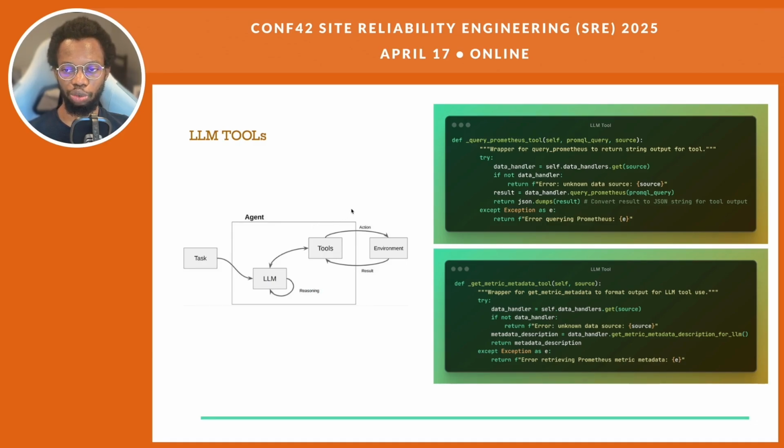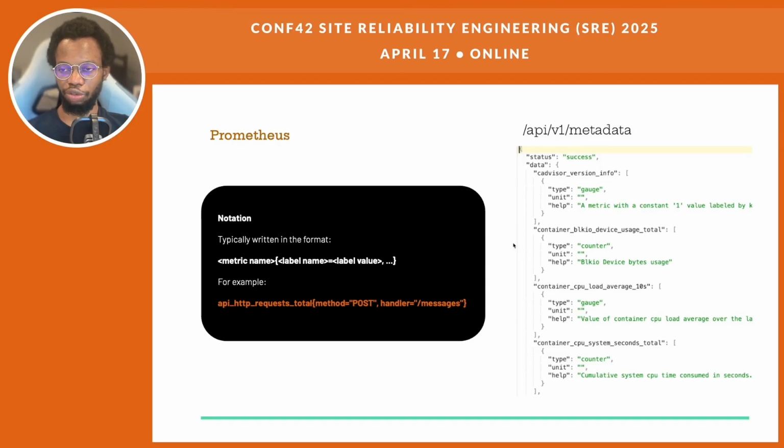We have the Query Prometheus tool, which basically allows the LLM to execute a Prometheus query on an instance and get a response back before returning a response to the user. The other tool allows the LLM to query Prometheus for the metadata information, similar to the metadata information shown in the previous page here.